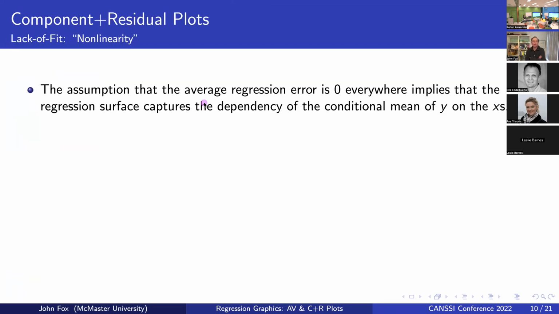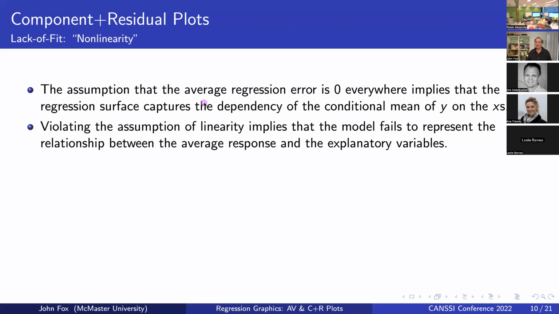Okay, so the assumption in the standard linear regression model that the average error is zero everywhere implies that the regression surface that we fit to the data, whether it's a flat surface or a surface that might have curvature in it, due to the use, for example, of polynomial or regression spline terms or interactions, captures the systematic dependency of y on the x's.